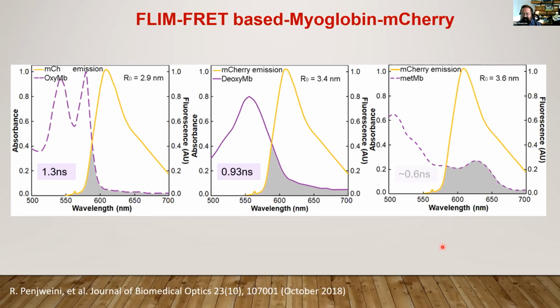And therefore, the lifetime, which I told you more overlap means a shorter lifetime, might even be down around 0.6. And again, that's not too different from 0.9, and it might show up as a contaminant.